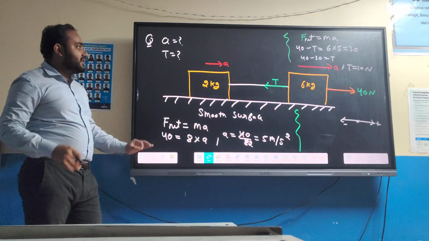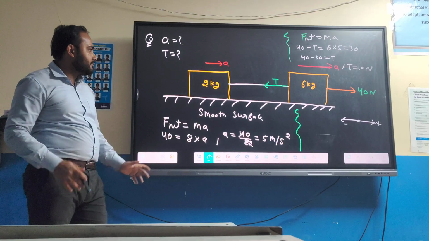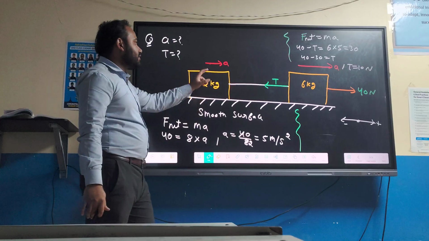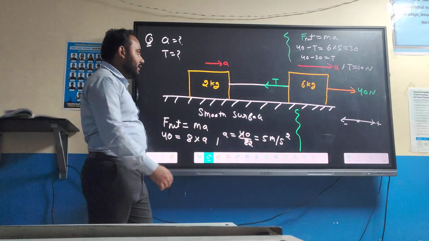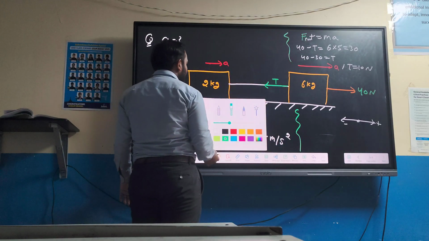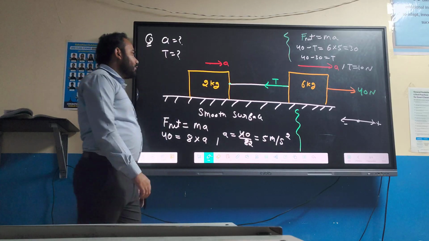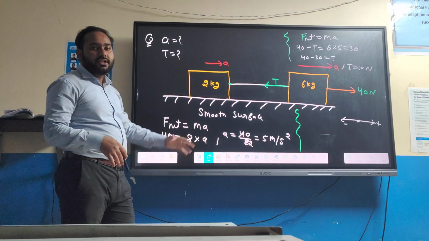Will I also get the same answer if I solve for the 2 kg mass? The answer is yes. Because if the string is massless, the tension in the string will be the same at this point as well as this point. So let's suppose I draw the free body diagram of the 2 kg body also. Is the 2 kg body experiencing an external force?